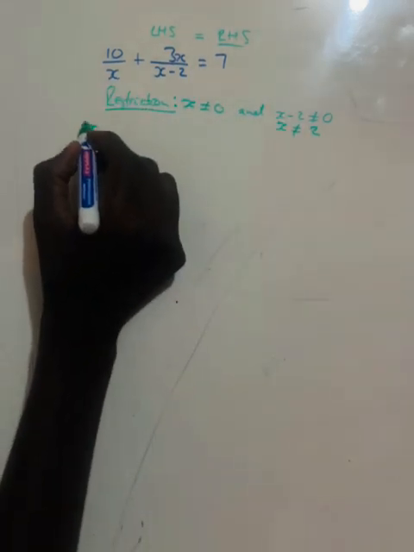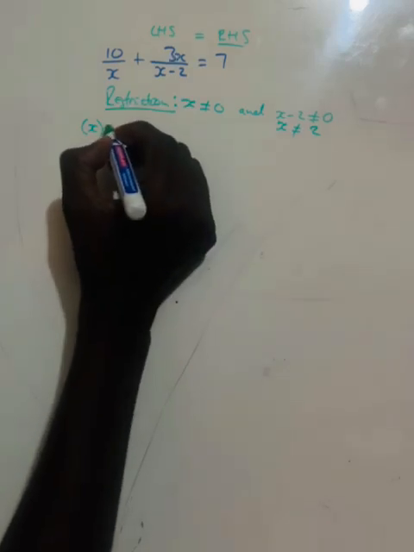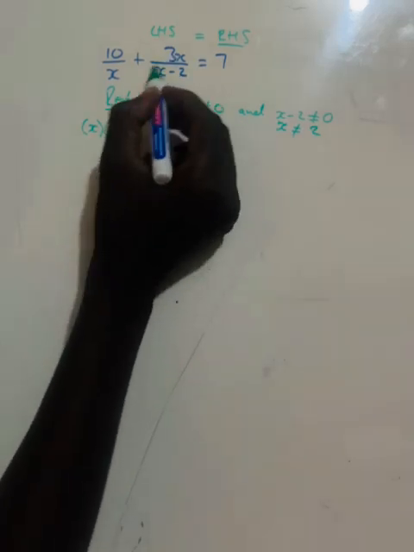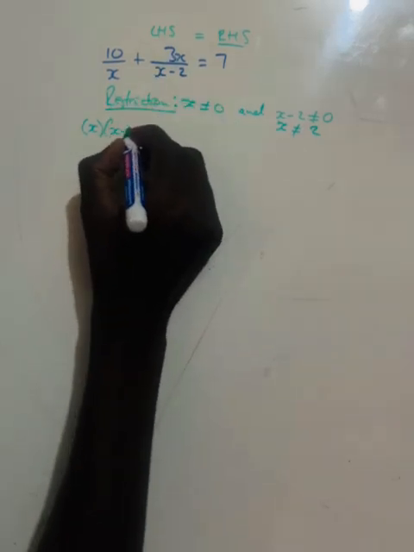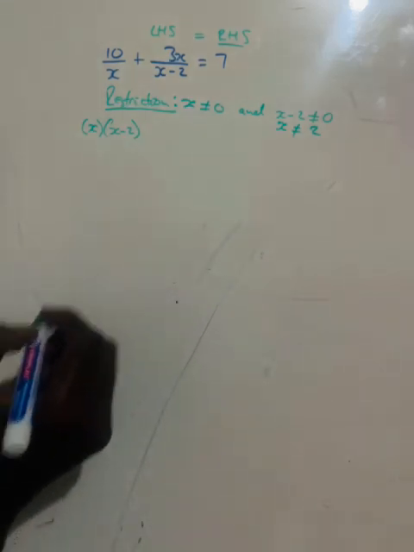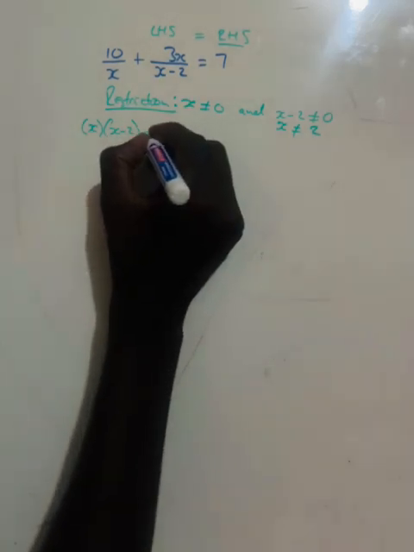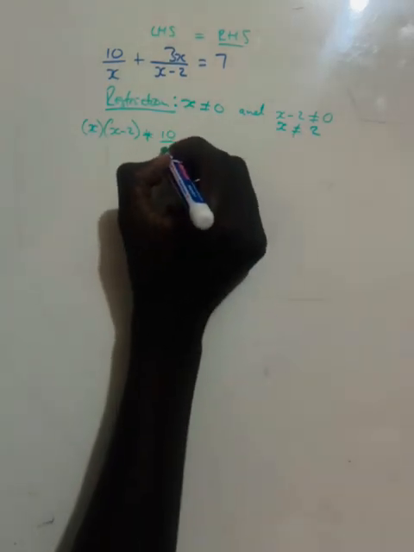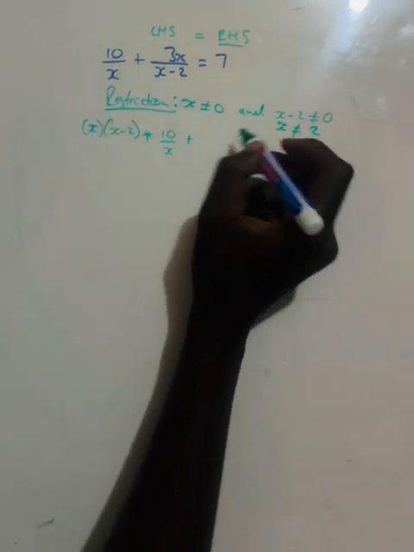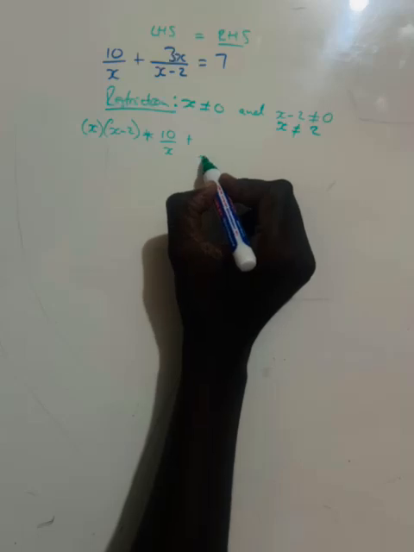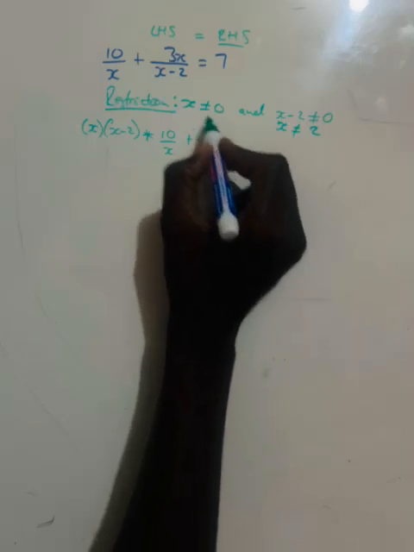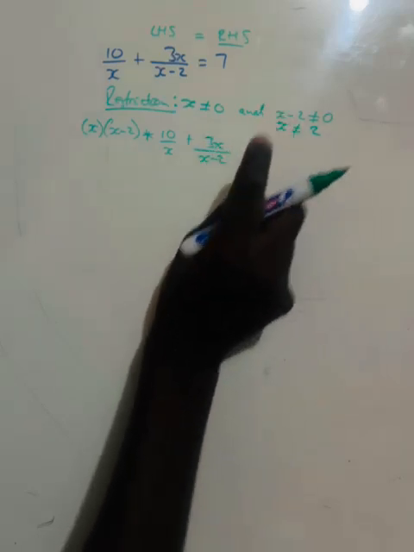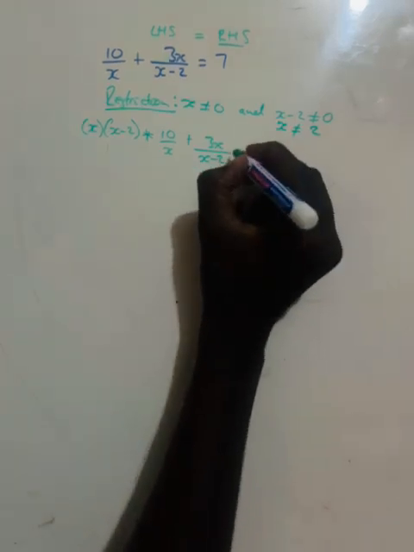We say x, open and close bracket, we open another bracket. We state these factors of x minus 2. Then we say multiplied by, then we write this first term, which is 10 over x. Then we come to the second term, which is x minus 2. The numerator is 3x. What do we have here? We've got x minus 2.